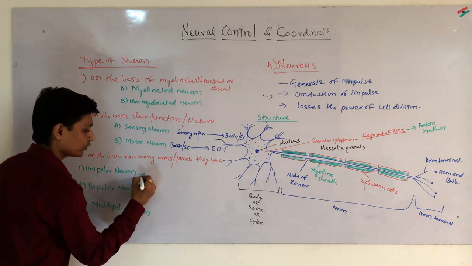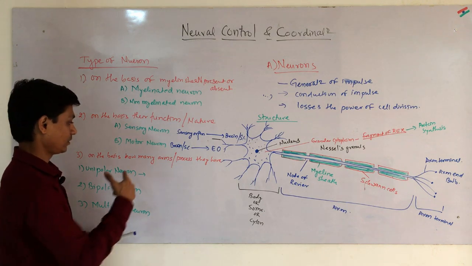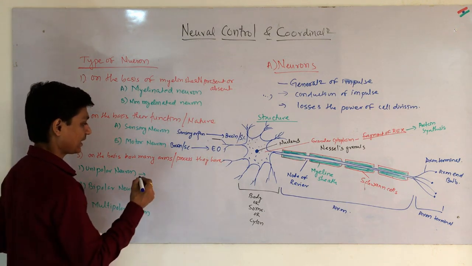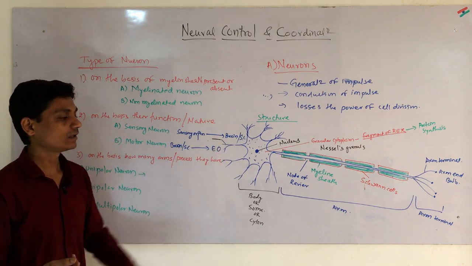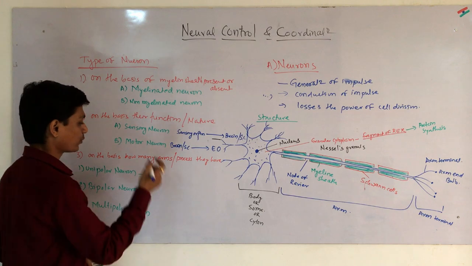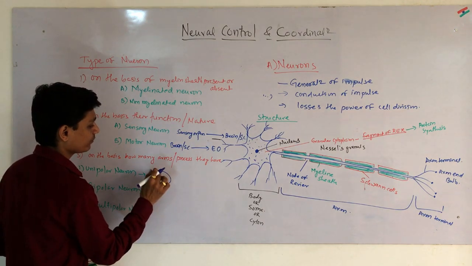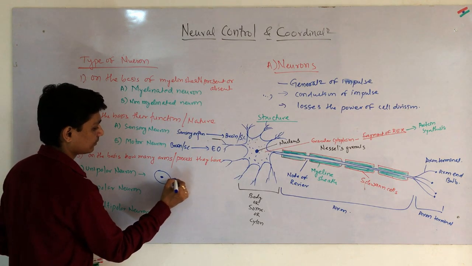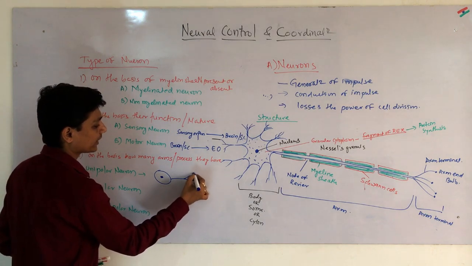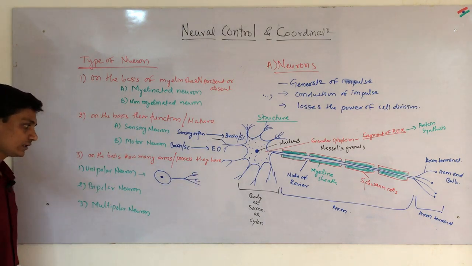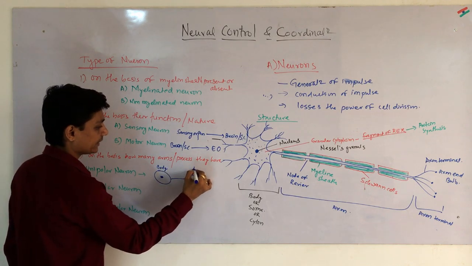In unipolar neuron, from the cyton, only one process arises, and that is the axon part, as well as the dendrite parts on that process. So this is the body part, and from this body only one process arises, either dendrite or axon. So it is known as unipolar neuron. This is the body part, and these are the dendrites.